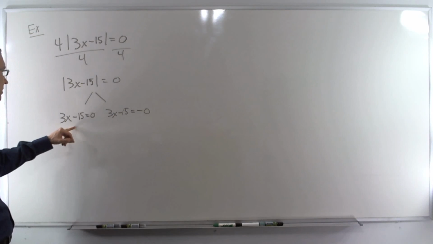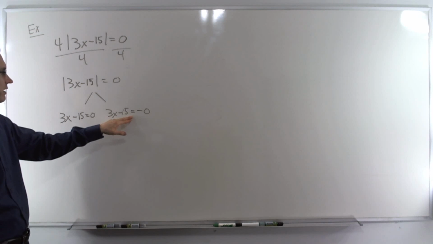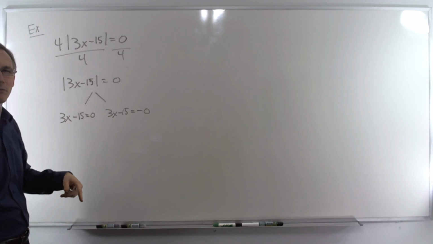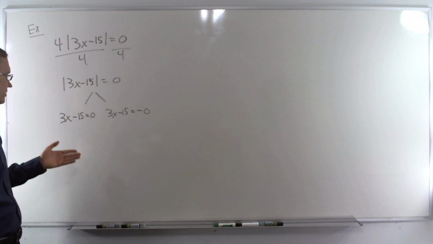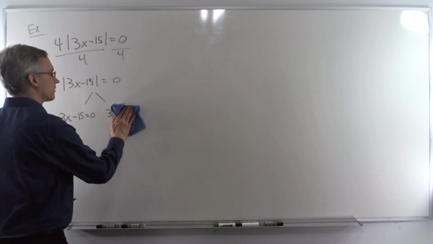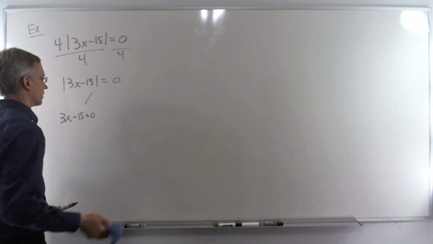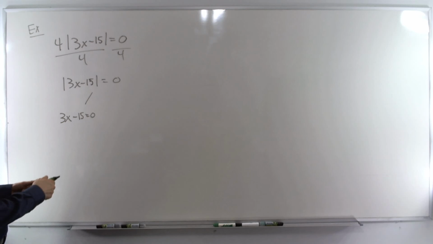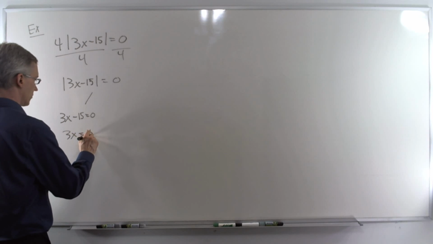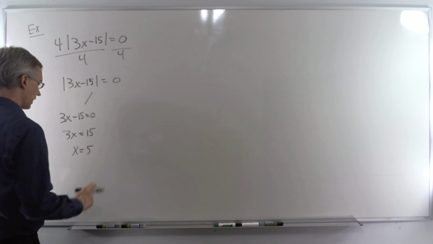So we got 3x minus 15 equals 0, and 3x minus 15 equals the opposite of 0, which is negative 0. But negative 0 is just 0. So really, these are the same equations, so we don't need to solve both of them. We just need to solve this one. That gives us x equals 5.